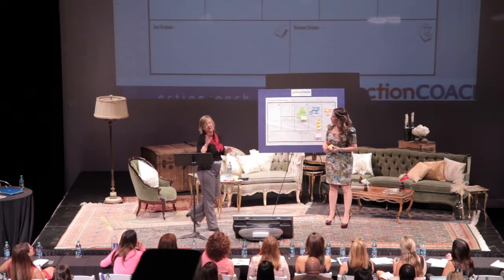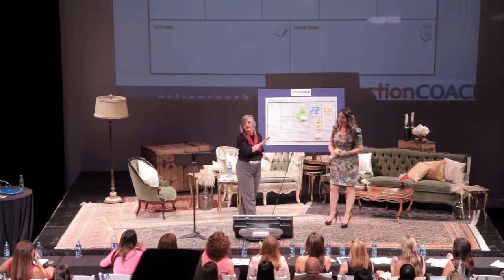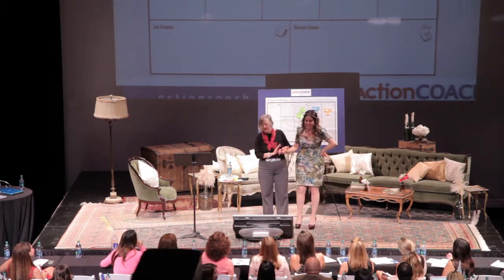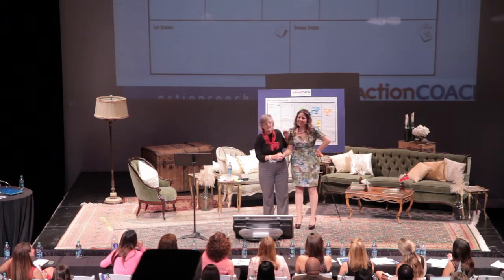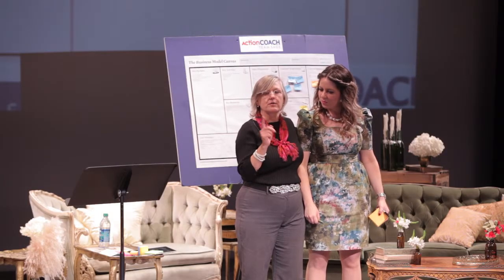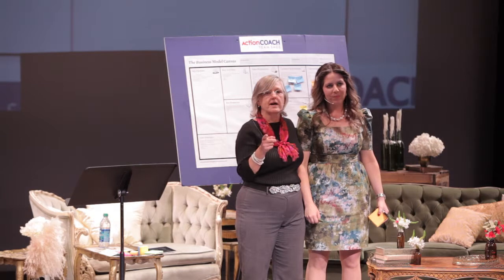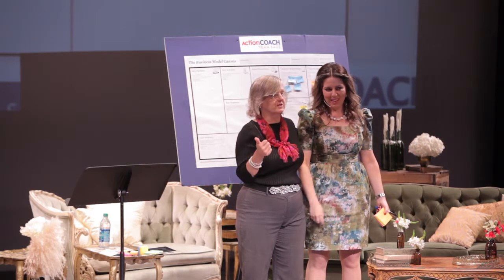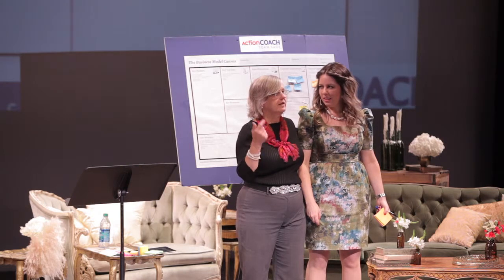Okay, so hang on, because I want to teach you something about what she just said. She didn't do anything wrong. Her profile is magnify and mystery, and her question is what and who.